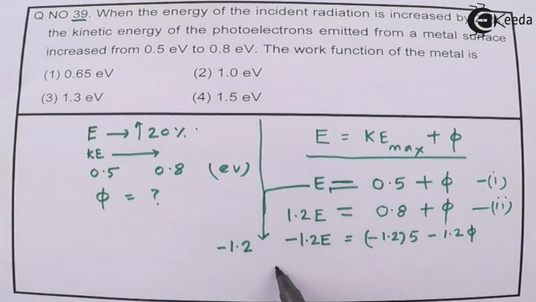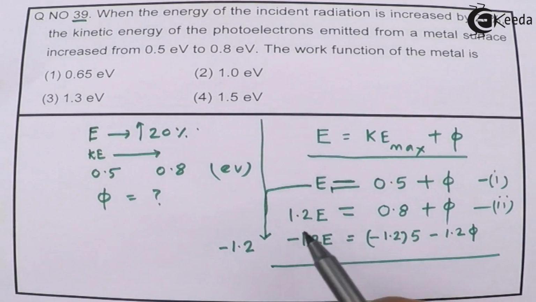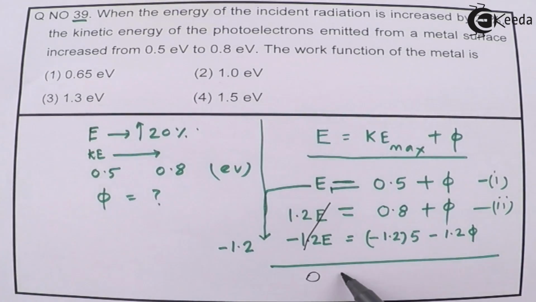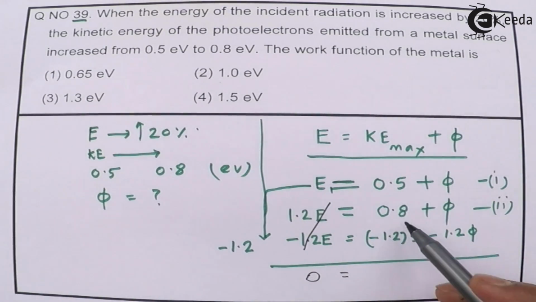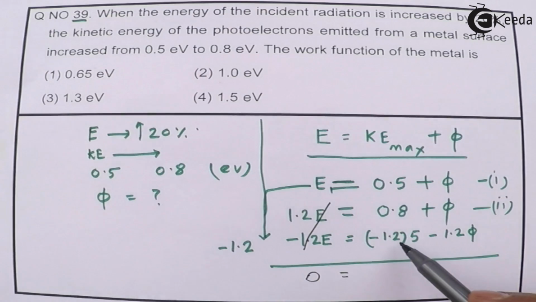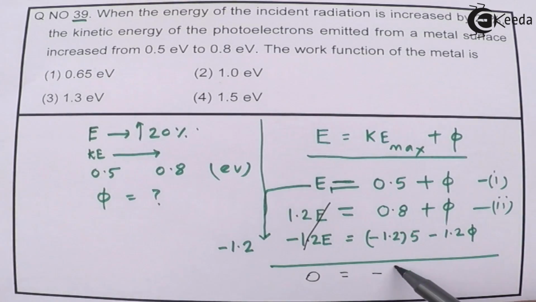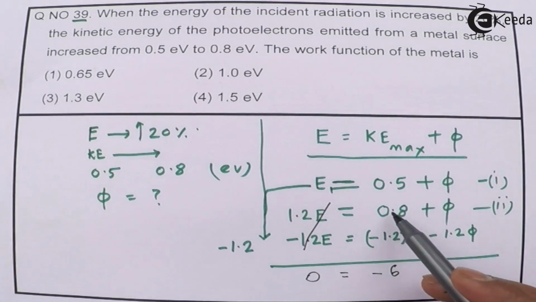If I add these two equations, this will cancel, this will give you 0. This is minus 6, and this is 0.8.